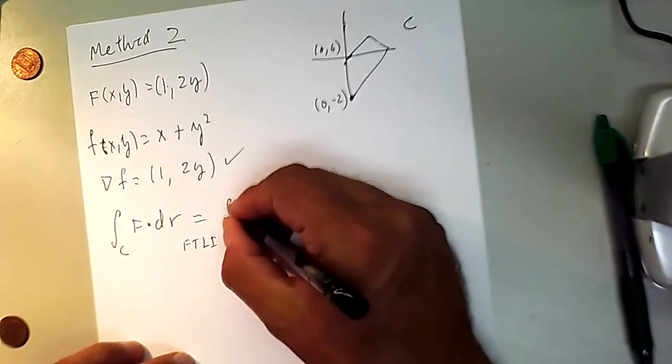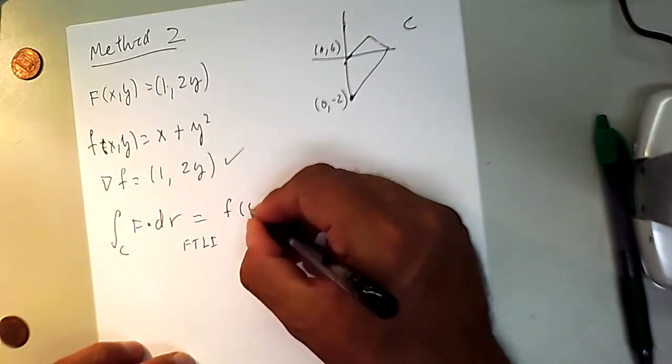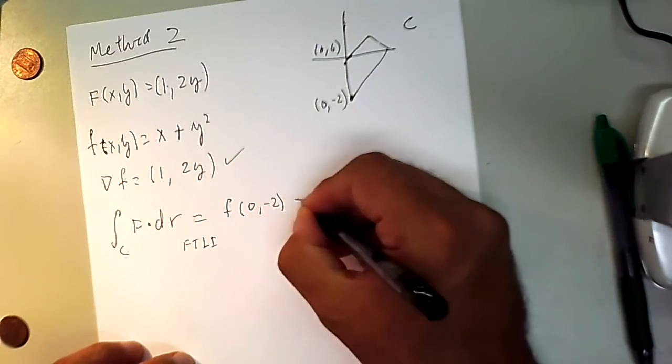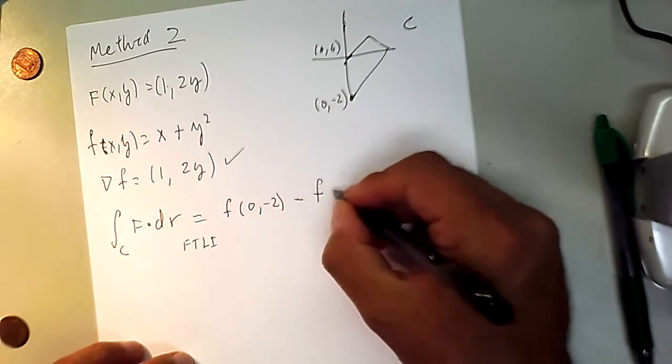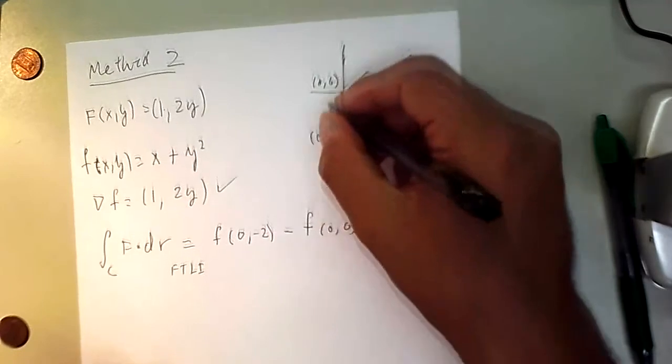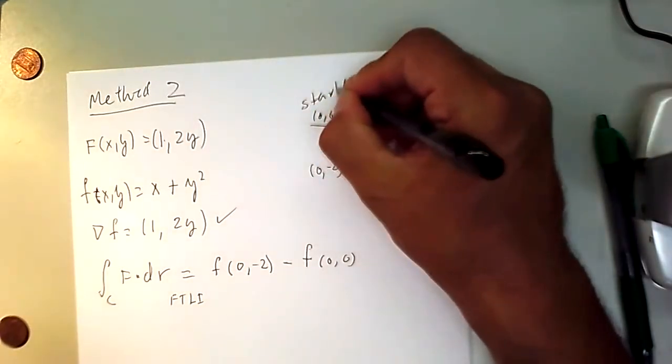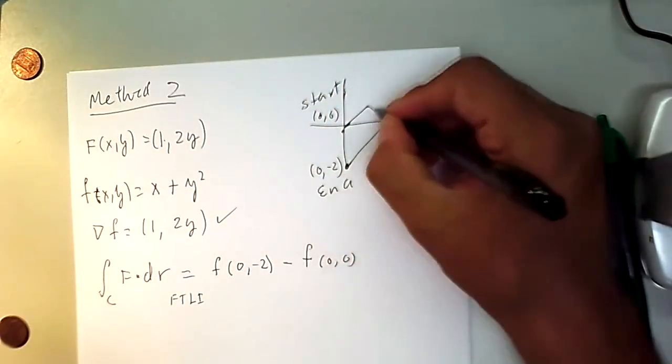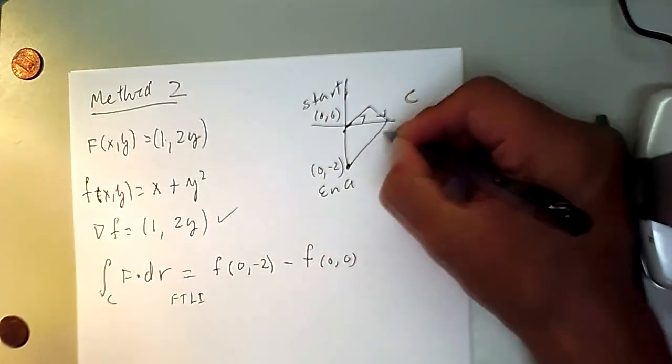So let's put it in 2 steps. f of 0, -2 minus f of 0, 0. Remember, this is the start and this is the end because we go in this direction.